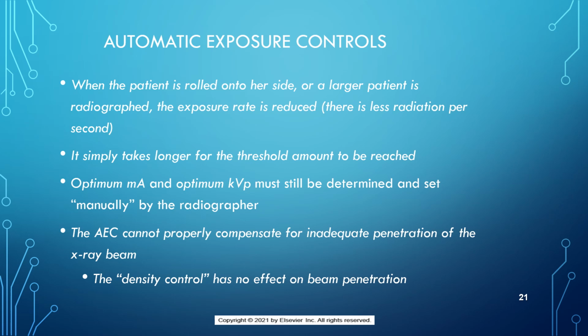Okay? Your density control basically adjusts the voltage to the ion chamber and makes it more sensitive with higher voltage or less sensitive with lower voltage. It is not effective on beam penetration. The density button on the AEC only controls the sensitivity of the ionization chamber.